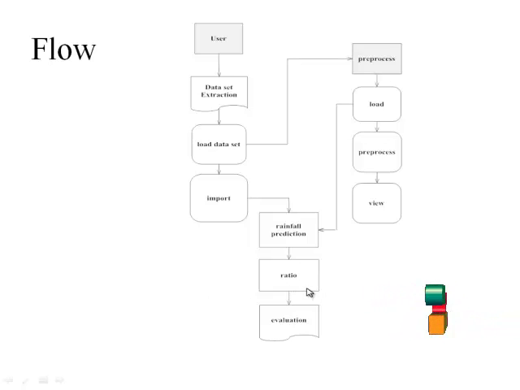Based on the gain ratio, we find the prediction value by dividing the gain ratio by the split info. Split info is constructed based on multiplication of the 3 datasets, and gain is constructed based on the sum of the 3 datasets. Finally, we evaluate the 3 datasets and the performance of the project.